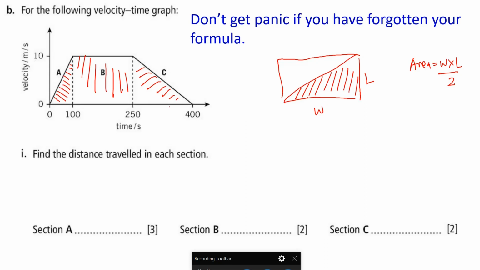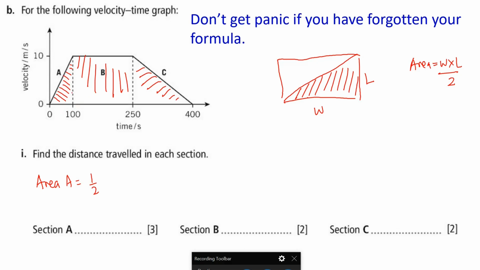Over here the distance traveled in each section is the area under the curve. So area A is half, the base times the height.